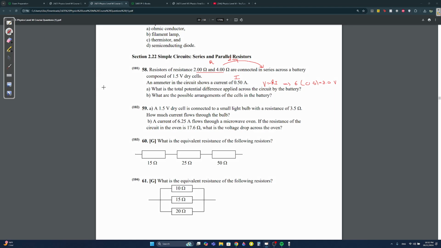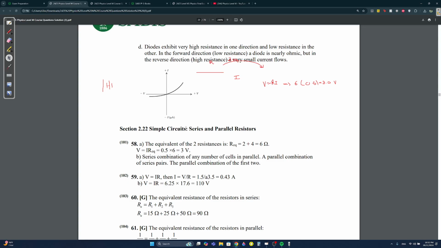What are the possible arrangements of the cells in the battery? I guess like this. Is that the answer? 1.5, 1.5. Series combination of any number of cells. Parallel combination of series pairs. Okay, wait, I think I get this.